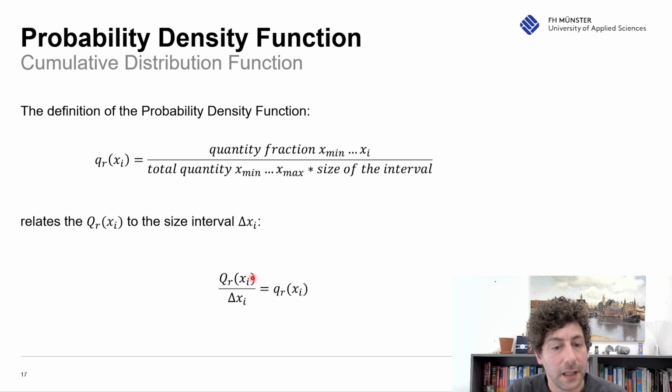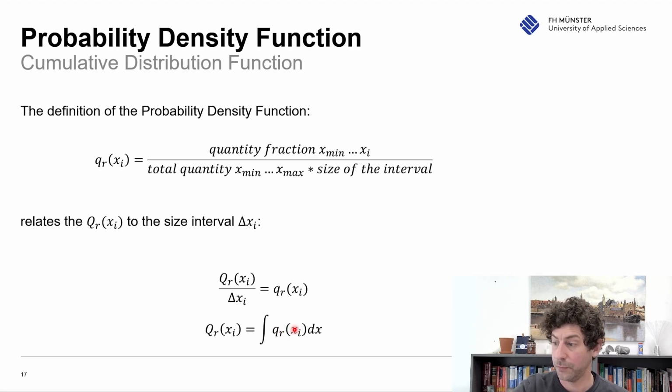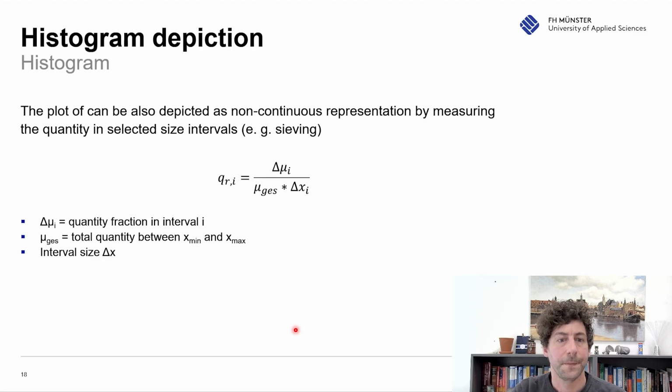Basically this is the derivative of this, or the other way around: the large Q is the integral of the probability density function. This means the area under the probability density function must be 1 if you go from 0 to 1, or 100 if you put it in percentage.